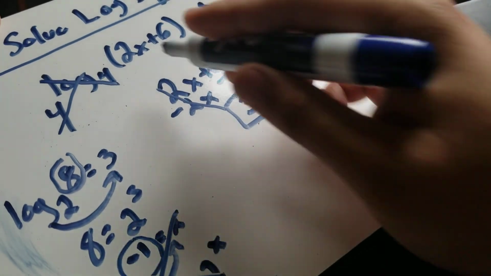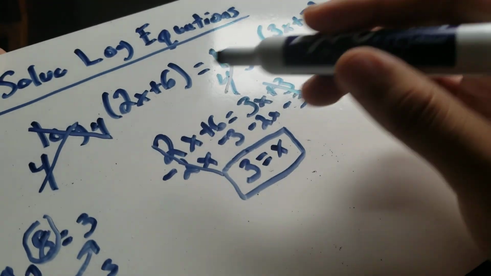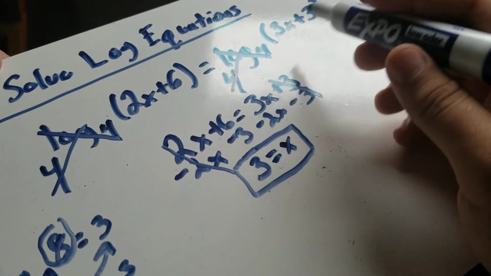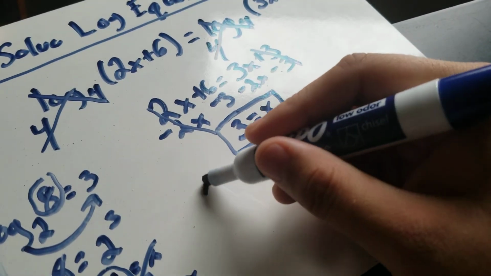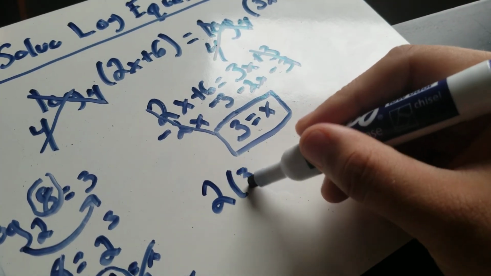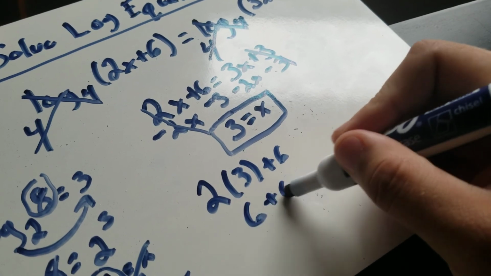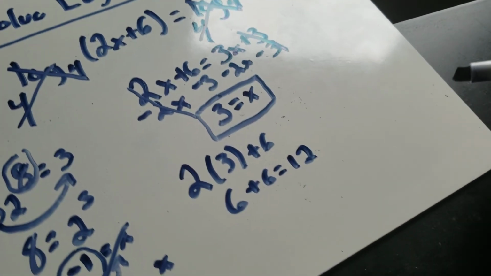I'm going to plug it into the left one. You could choose which one you do, but you only need to plug it into one, because you just set them equal to each other, so they're going to end up being the same thing anyway. So 2 times 3 plus 6, that is 6 plus 6, which equals 12.